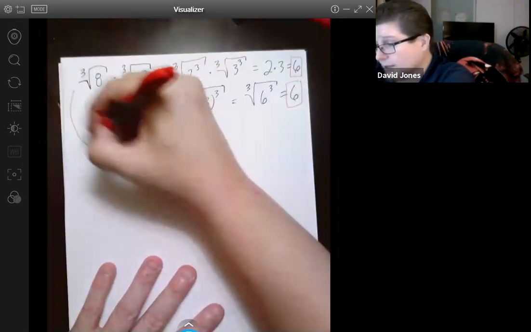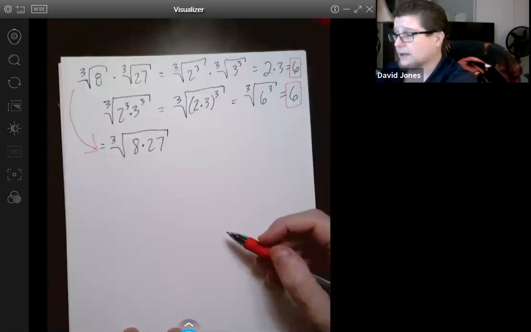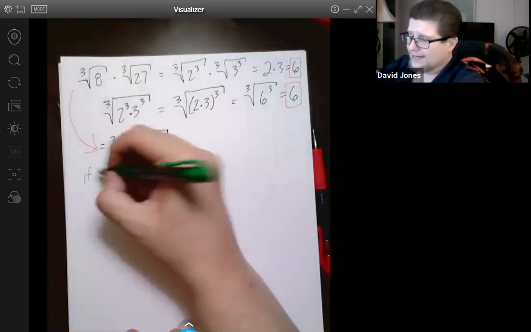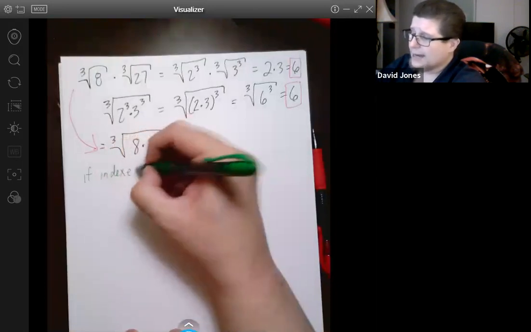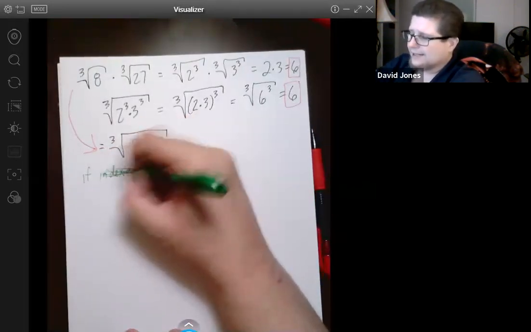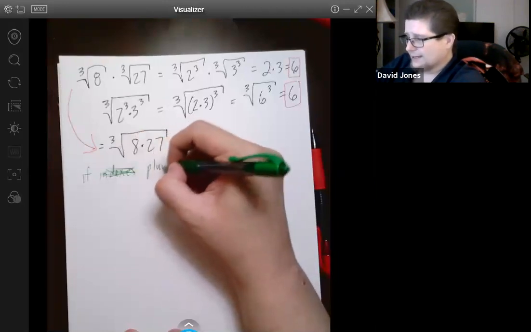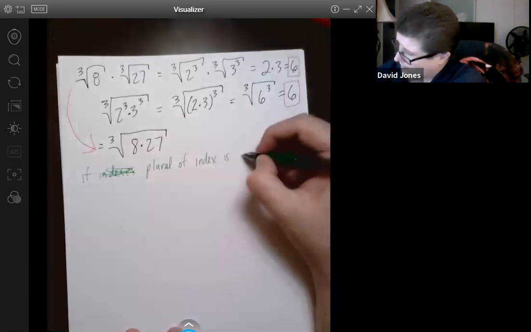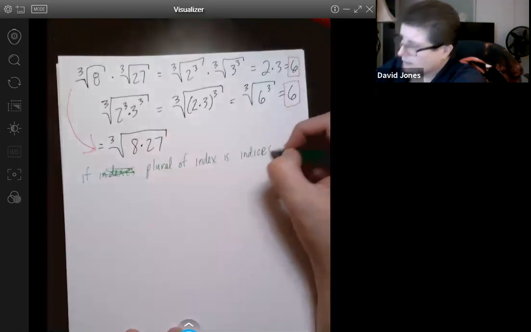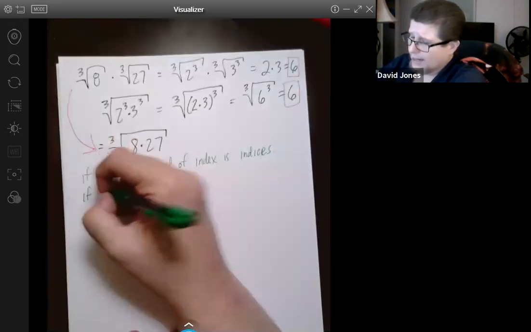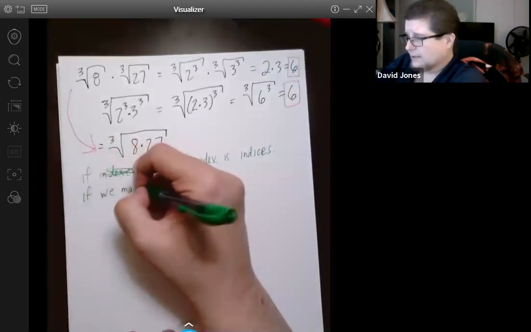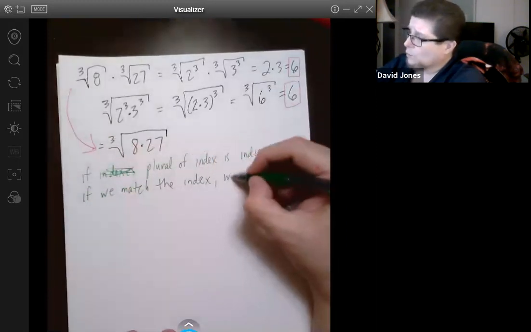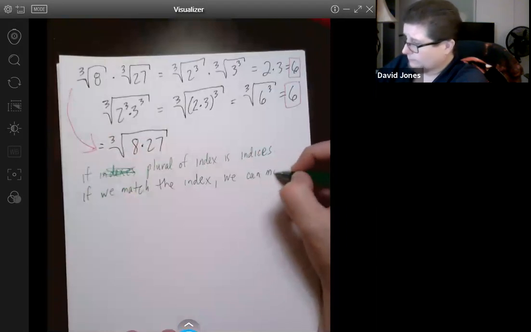Notice what happened. If indexes match, or indices, the plural of index is indices, if we match the index, we can multiply what's inside.